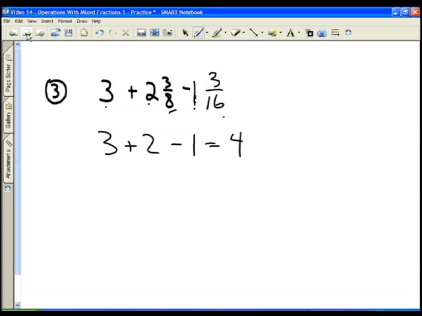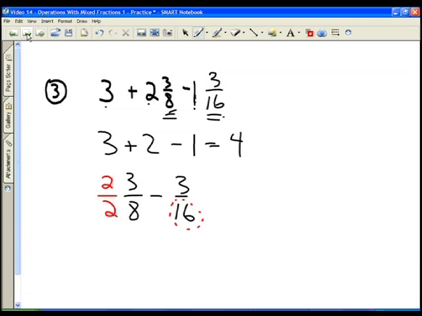And so now I have to do just my fractional parts, which is 3/8 minus 3/16. And I hope you have a really good handle by now on how to get a common denominator for these fractions. What do I have to multiply 8 by to get 16? And the answer is 2.